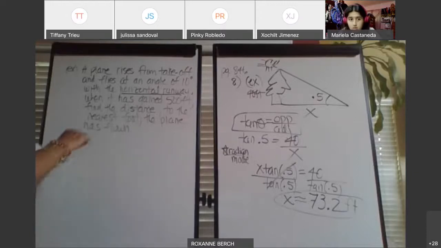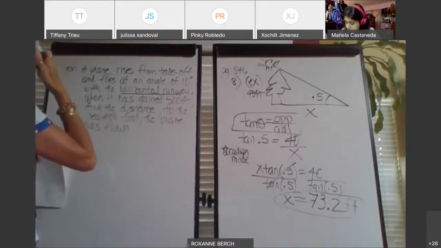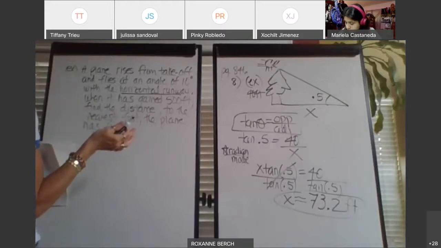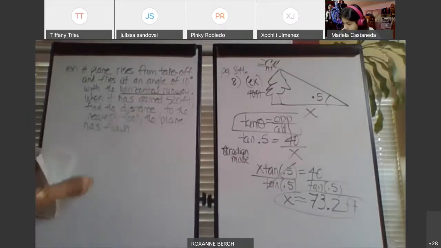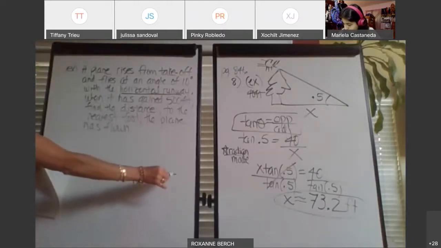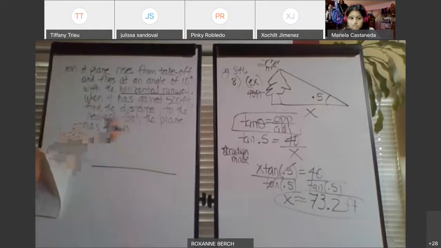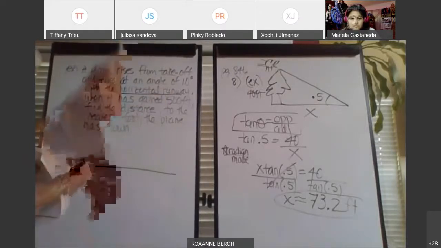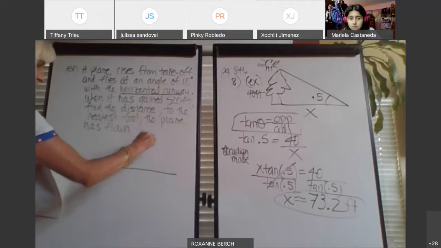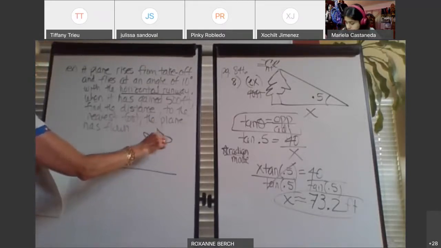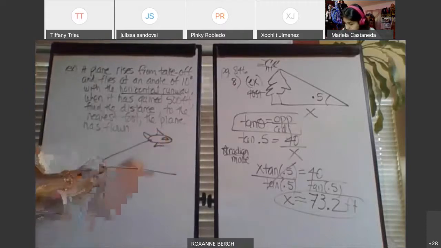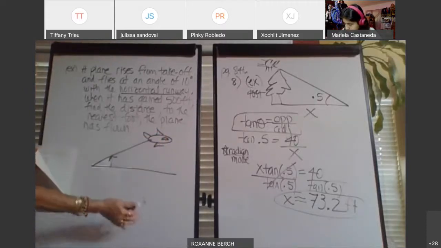So let's draw a picture. A plane rises from takeoff and flies at an angle of 10 degrees from the horizontal runway. Now I can either draw the 10 degrees over there because the plane can fly that way, or the plane can fly that way, it doesn't matter. So I'm just going to put the plane over here, and this is going to be my angle of elevation from the runway.